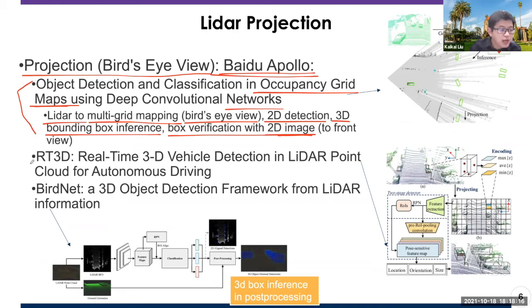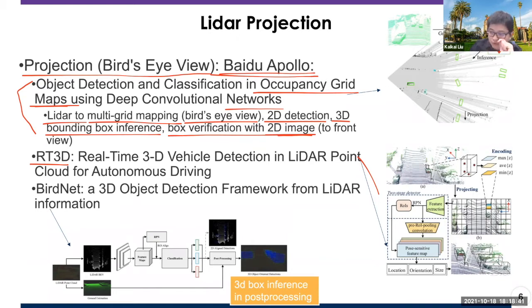Another paper is called real-time 3D. They focus on real-time detection. So what this paper did is use the projection approach, similar to Baidu Apollo's approach, really suitable for real time. They pick a vertical grid and put it into the bird's eye view.